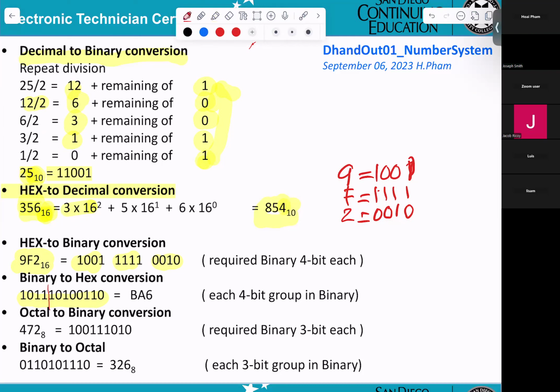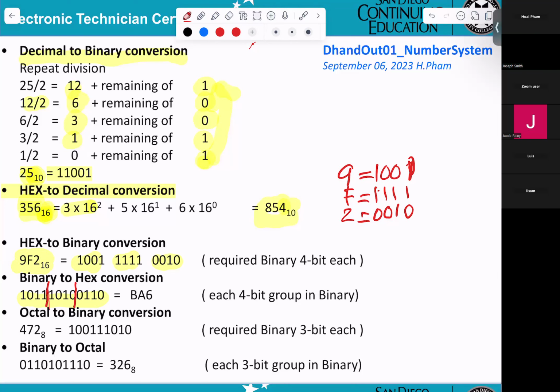First thing you count, 1, 2, 3, 4. 1, 2, 3, 4. Each one will be 4-bit.